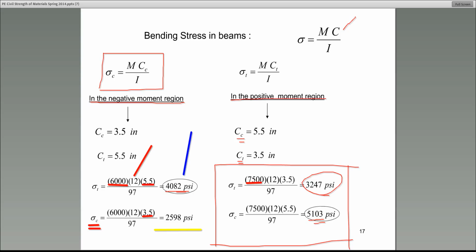There was a question by Matthew. Matthew Wilson says, how likely is it that we get 3247 as an option on the test? I assume you're giving me the numerical value, 3247. It is very unlikely that they will give you an exact number like that.